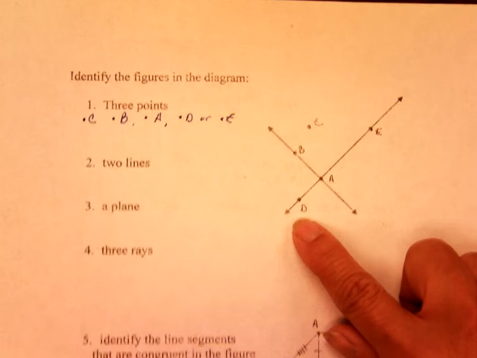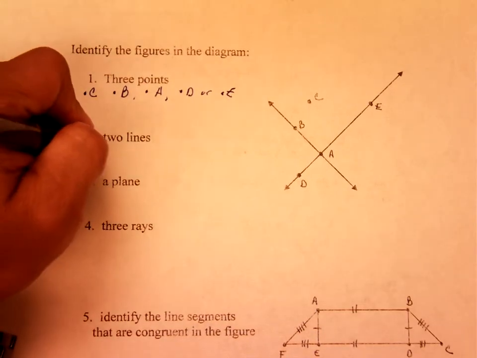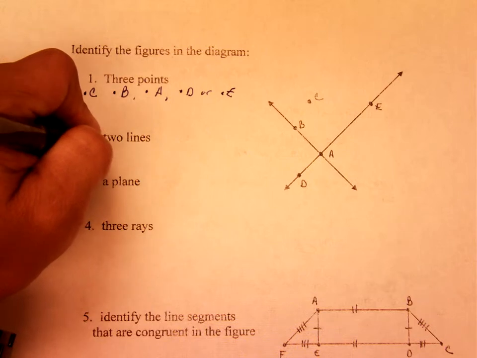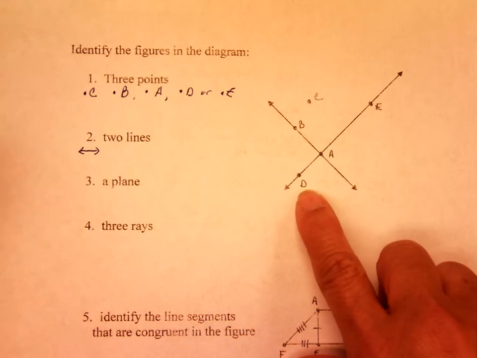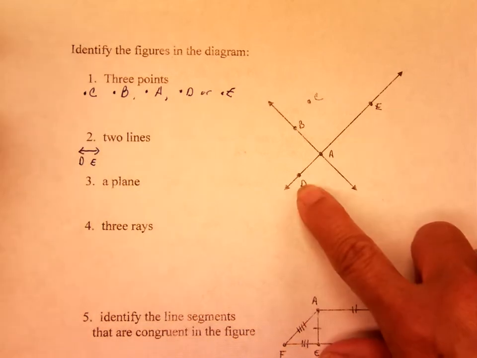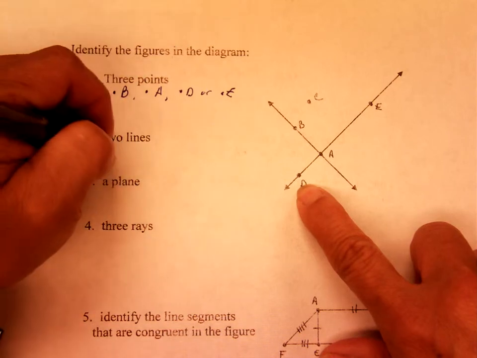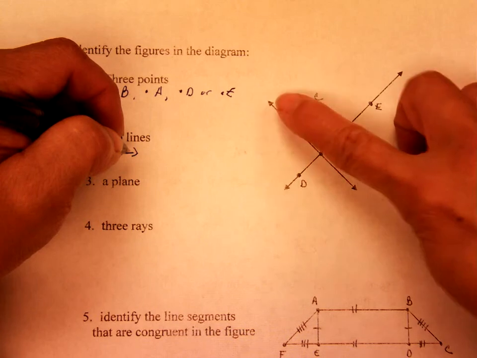2 lines. Okay, when you are naming lines, make sure you have the line with the arrow above your 2 letters. So here it could be DE, or you could have said ED, either way. And you have to look at the arrows because these are continuing.